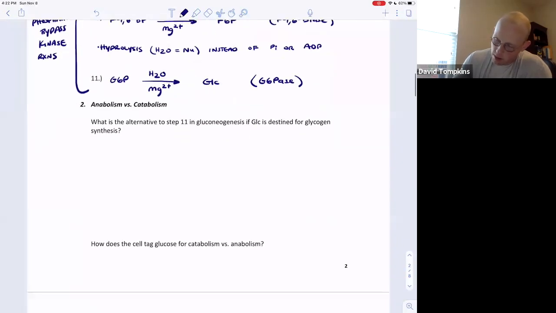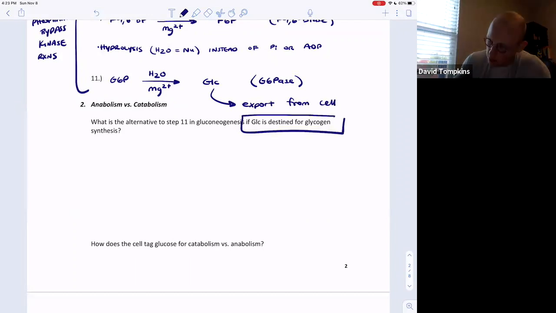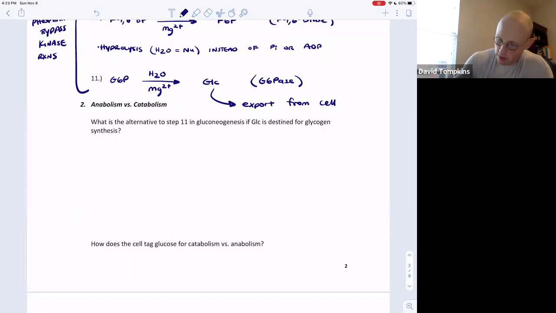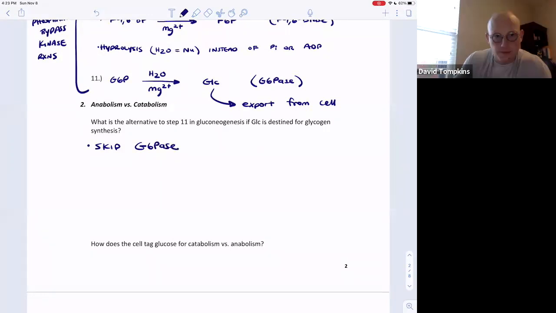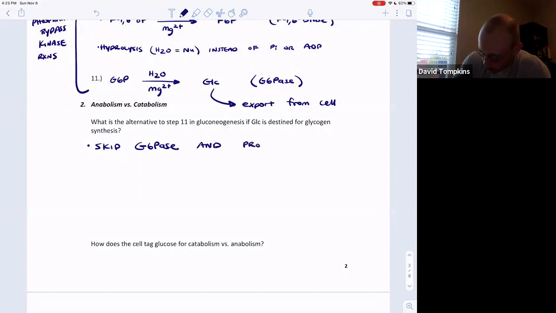Now, if you don't want free glucose for export from the cell, and instead you want the glucose to be stored as glycogen, then we're going to be more efficient and skip the glucose 6-phosphatase reaction and proceed with a mutase.